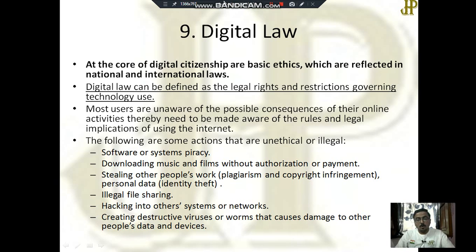It should not be done by you. Okay? By knowing these laws, you can avoid some illegal activities. Clear?